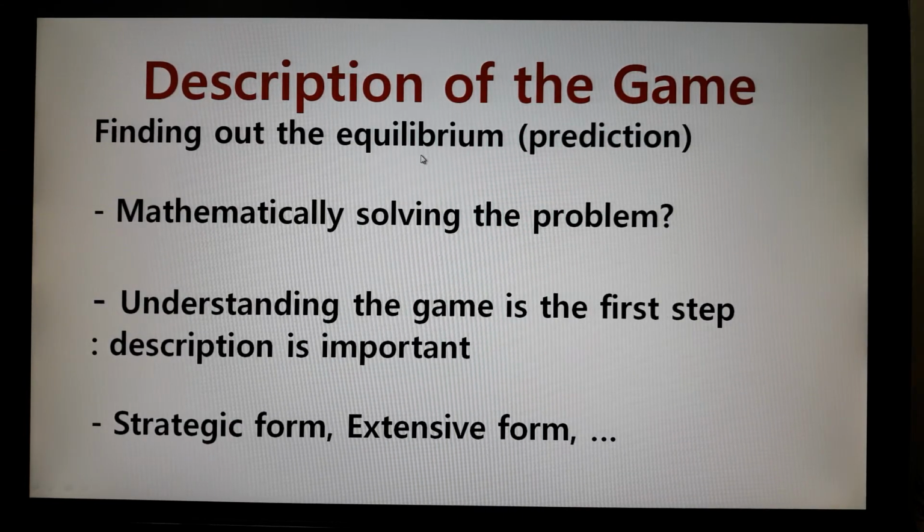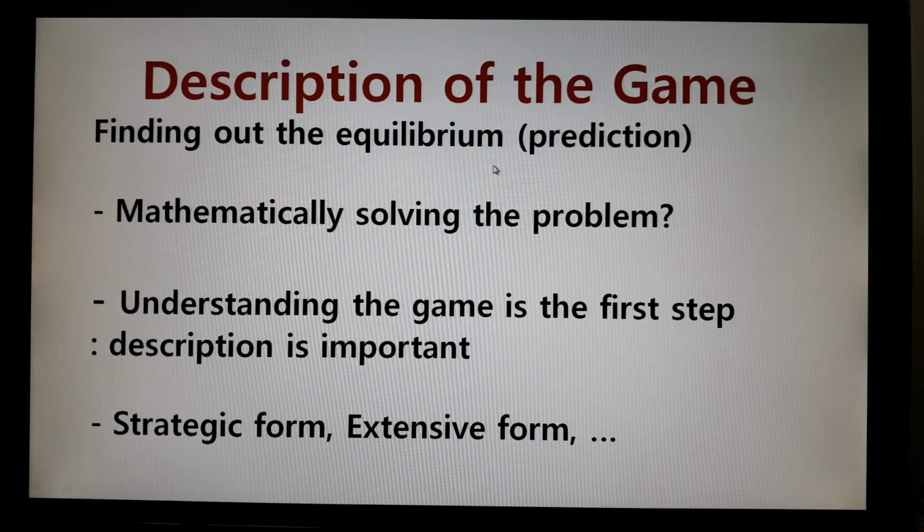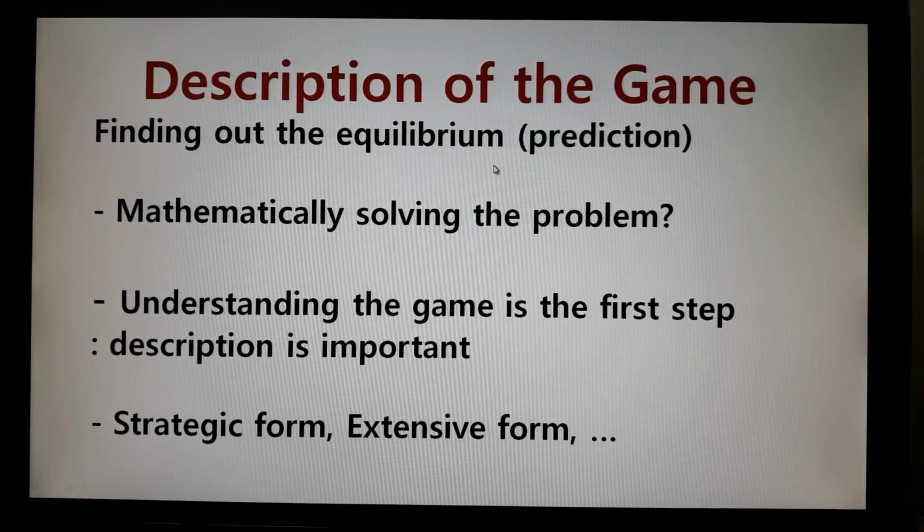Talking about description of game. Finding out the equilibrium, as I said repeatedly, is the purpose of economics, the purpose of game theory. So, making predictions. For the most part of this course, we are going to do this process of finding out the equilibrium.